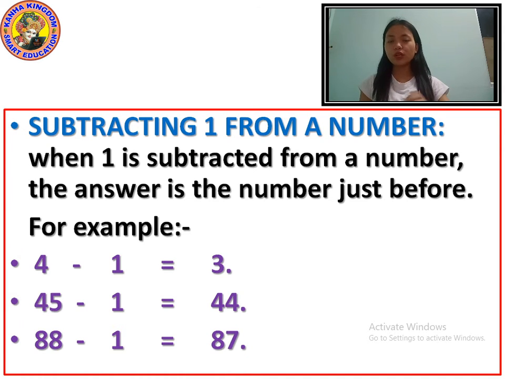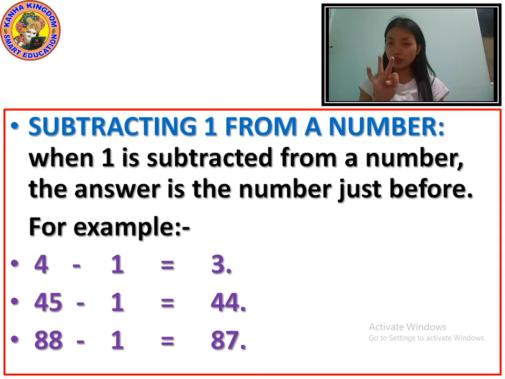For example, when you subtract 1 from 4, I already said the answer is the number just before that number. Which number will come just before 4?